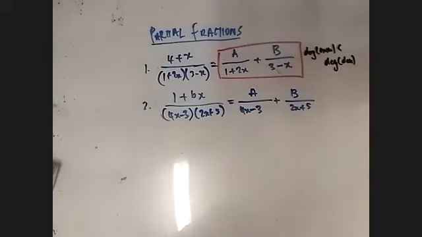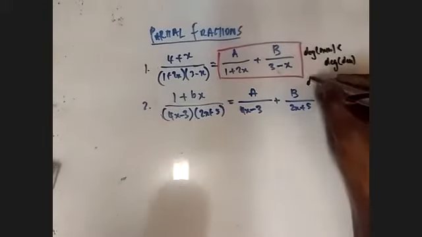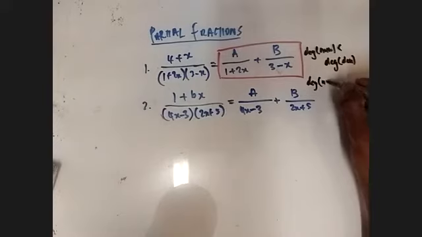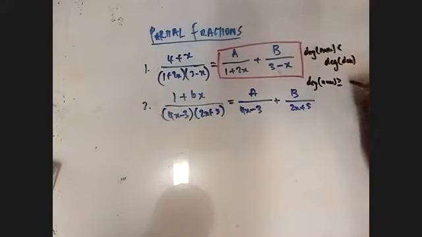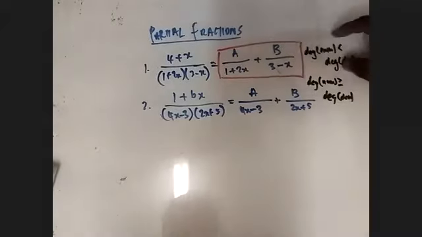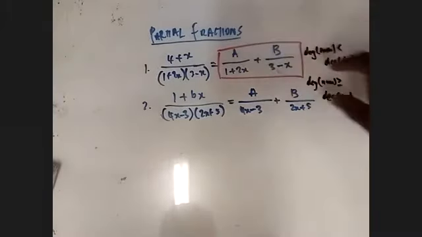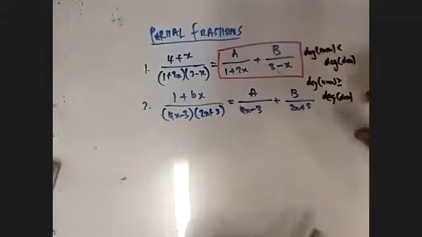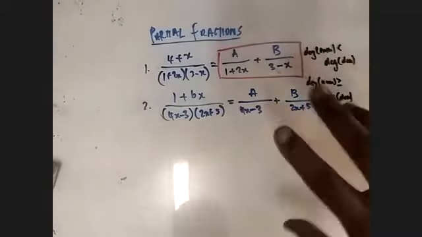And then what did you say again, my man? The degree of the numerator is greater or equal to the degree of the denominator. So you are trying to make me understand what you are saying in that particular statement.